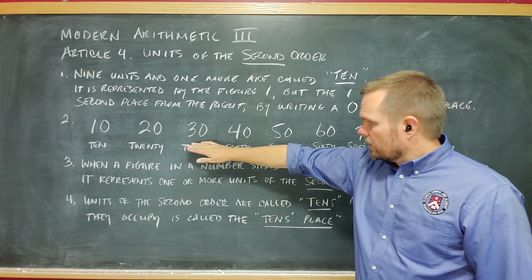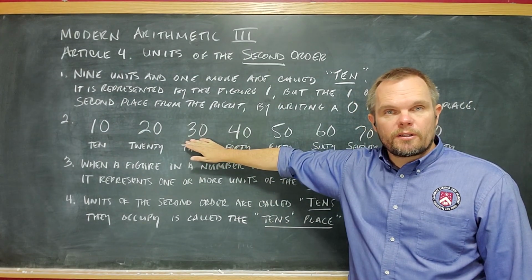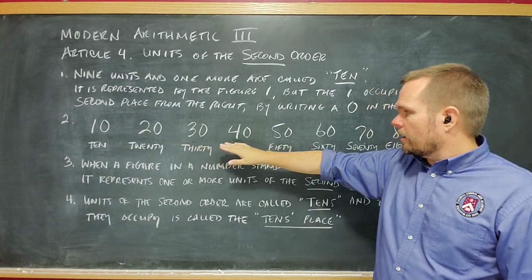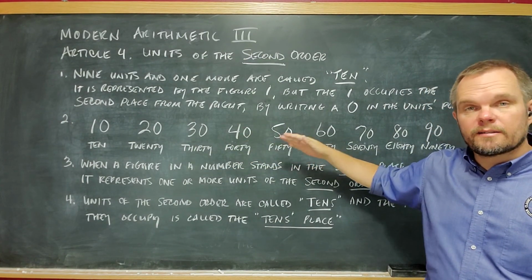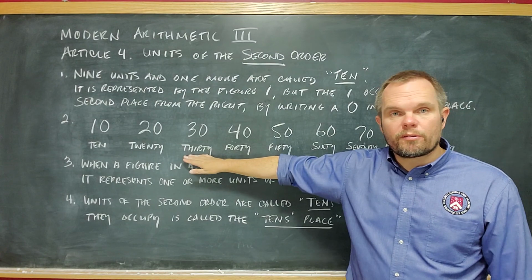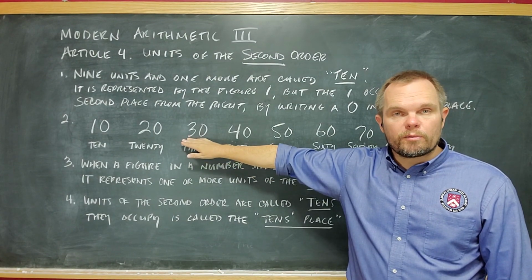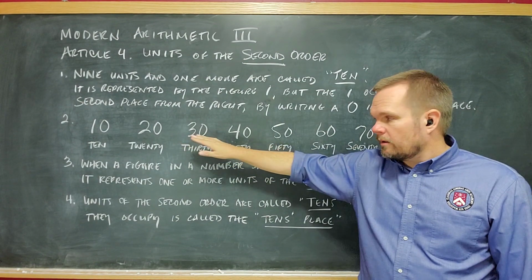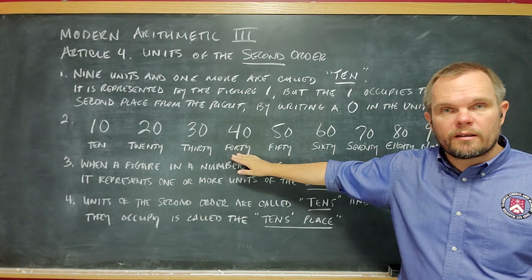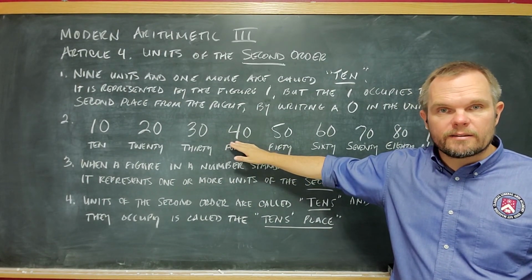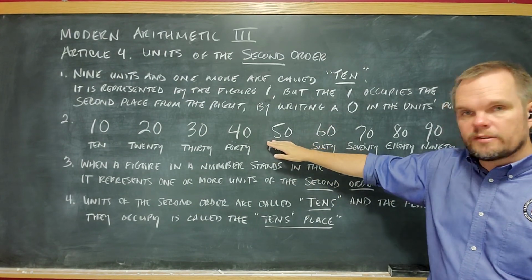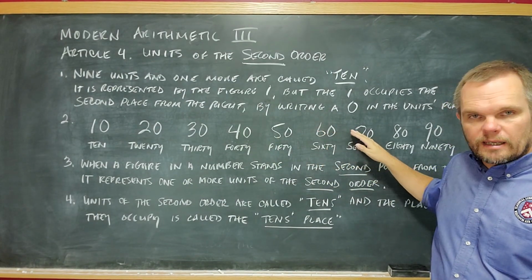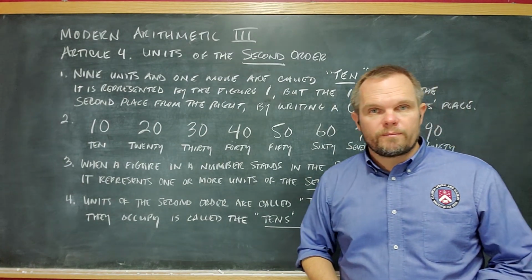So remember, don't think about these numbers as 30 units, 40 units, 50 units. Instead, think about the number 30 as 3 tens. Think about the number 40 as 4 tens. And think about the number 50 and so on. 5 tens, 6 tens, 7 tens, and so on. Okay?